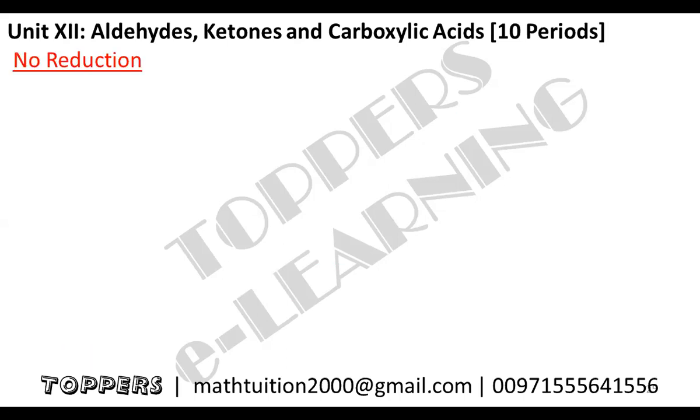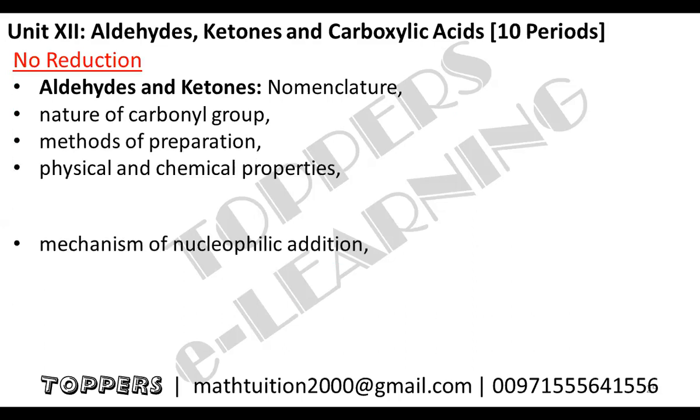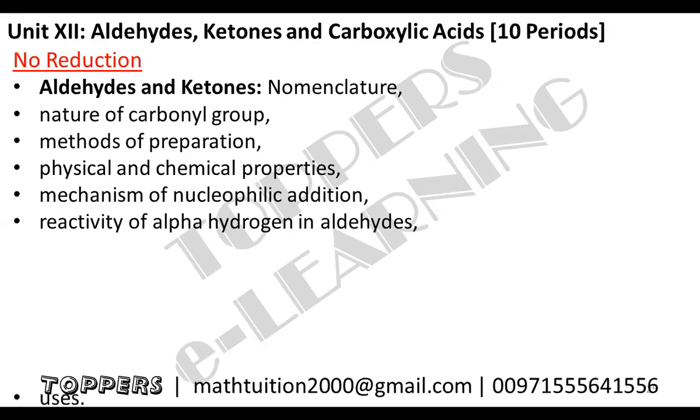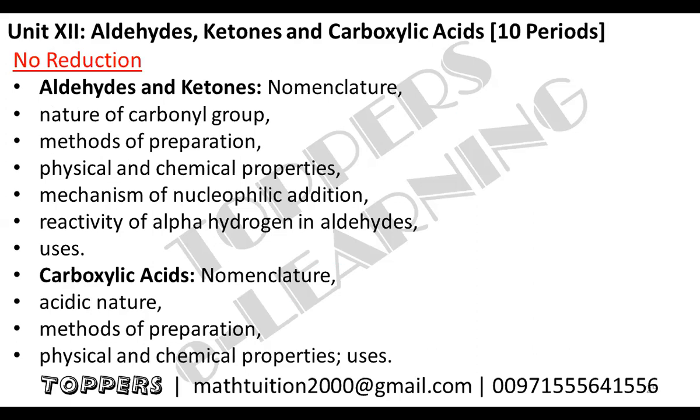No reduction, the complete chapter is there. Aldehydes and ketones: nomenclature, nature of carbonyl group, methods of preparation, physical and chemical properties, mechanism of nucleophilic addition, reactivity of alpha hydrogen in aldehydes, uses. Carboxylic acids: nomenclature, acidic nature, methods of preparation, physical and chemical properties, uses.